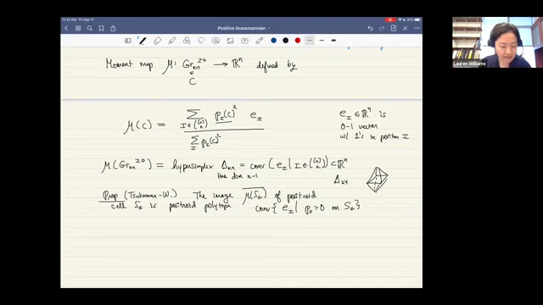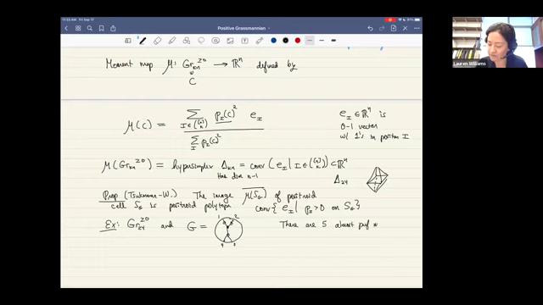So let me just draw a small example. Let's take the positive part of the Grassmannian of 2-planes in 4-space, and let's take our plabic graph G to be this one. Since I'm talking about matchings, I'm always making sure that every boundary vertex is incident to a white vertex. Now this graph has 5 almost perfect matchings.